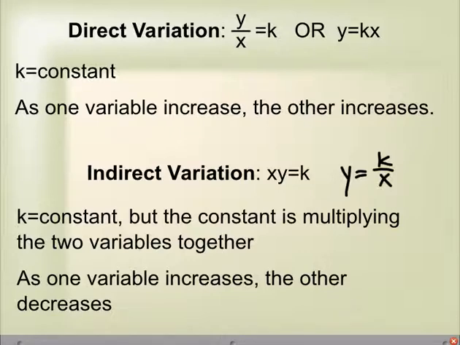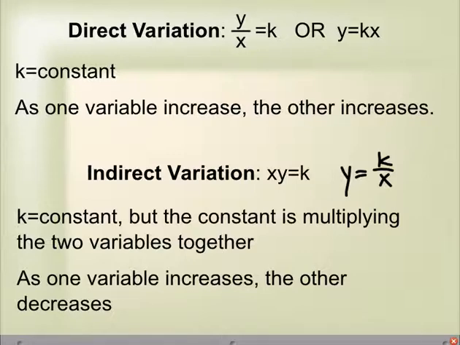So we can see that they are just a little bit different from each other, and with inverse variation, as one increases, the other decreases. So with inverse variation, we find our constant by using a product. With direct variation, we find k by using a quotient.